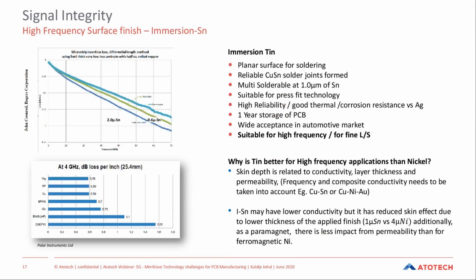So moving on, another type of finish, and we have some signal integrity data and comparisons of thin tin and thick tin. It's compared against a copper trace, and this data was collected with Rogers. What we could see is that obviously the thickness of tin has an influence, as we talked about in terms of the relationship.